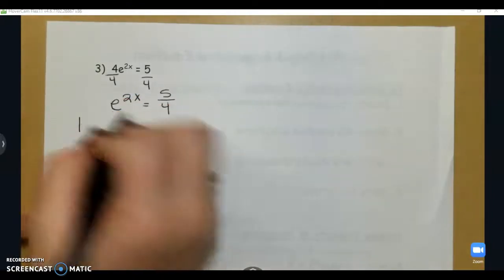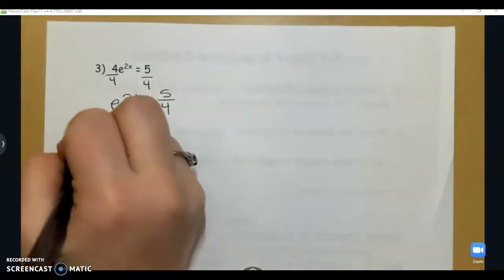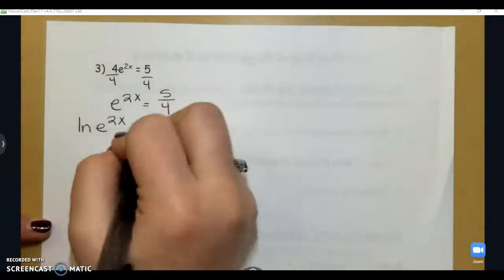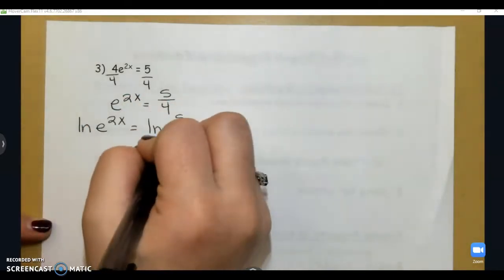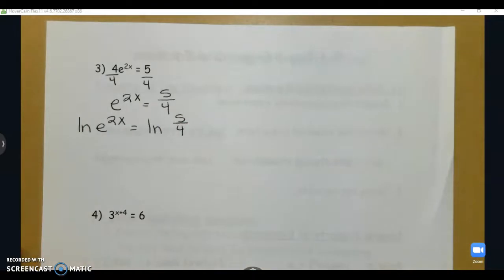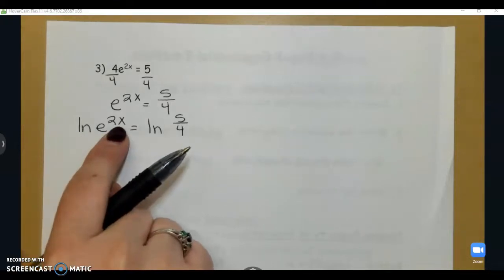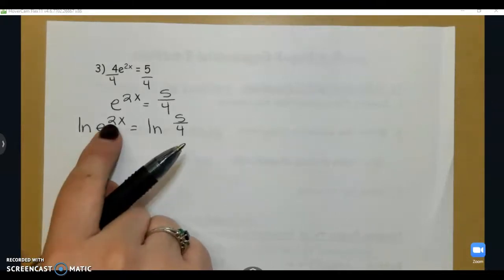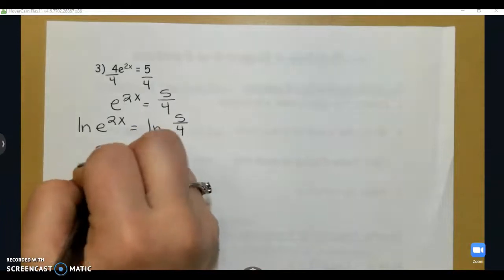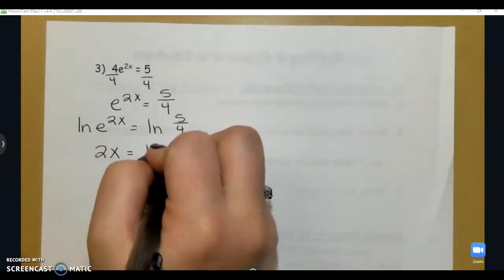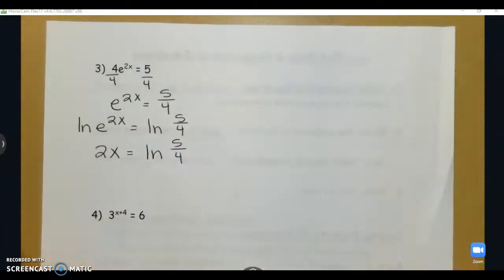If I take the log, if my base is e, this is going to be natural log. So natural log of e to the 2x is equal to natural log of 5 over 4. Now this is where we're going to use that inverse property. Natural log of e to the 2x is 2x, and that's equivalent to the natural log of 5 over 4.